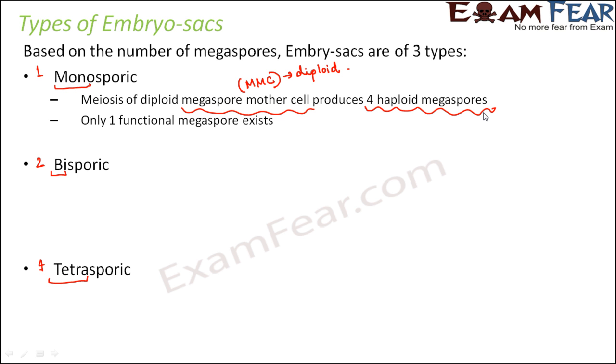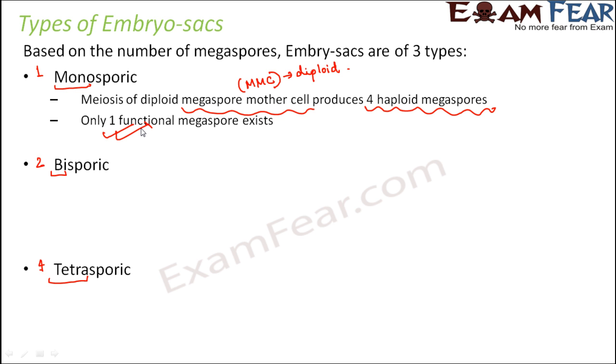So here we have 4 megaspores. But why is it monosporic? That is because 3 out of these 4 haploid megaspores, towards the micropylar end, undergo programmed cell death. They basically degenerate. Because 3 out of 4 are gone, only 1 is left. So only 1 functional megaspore exists.